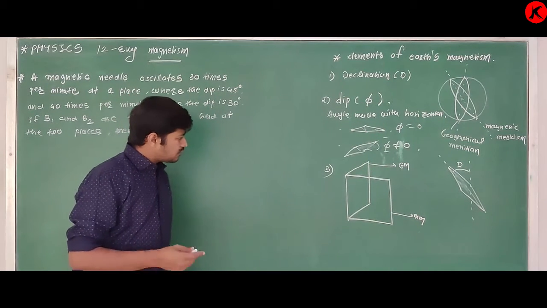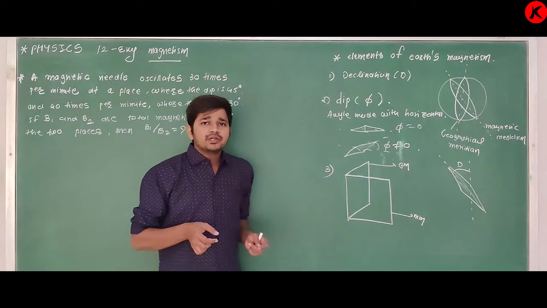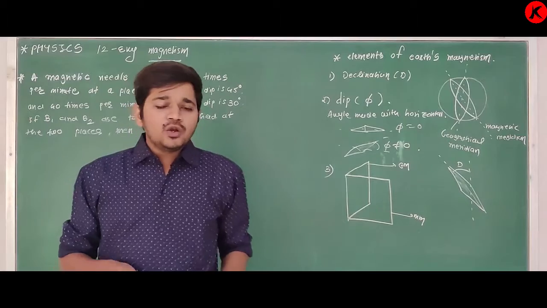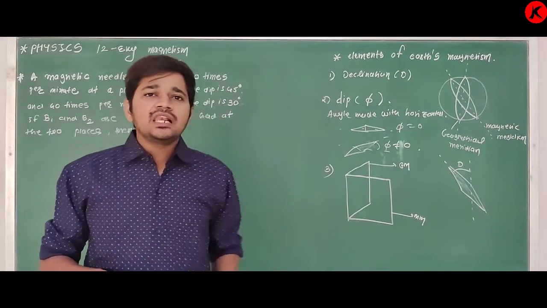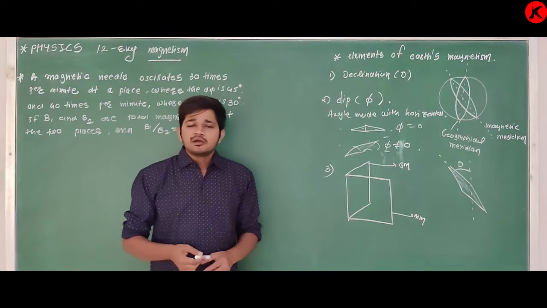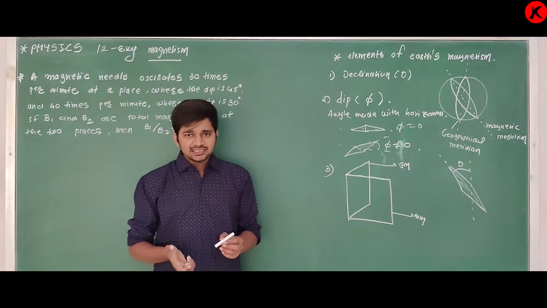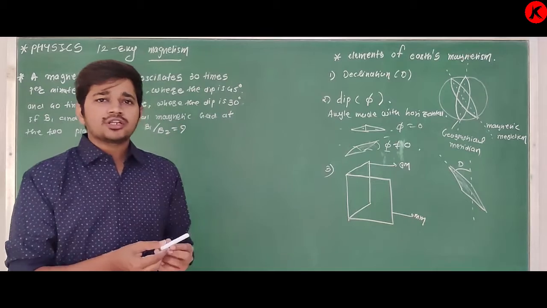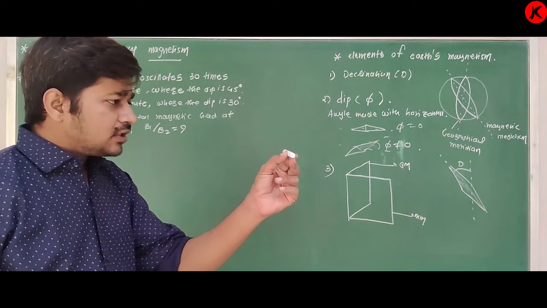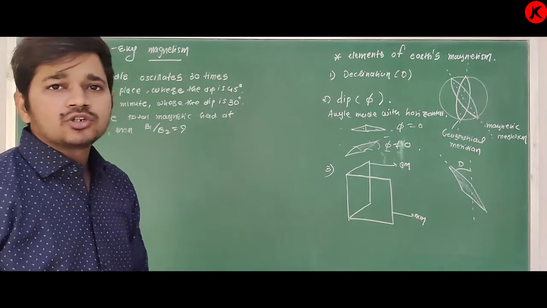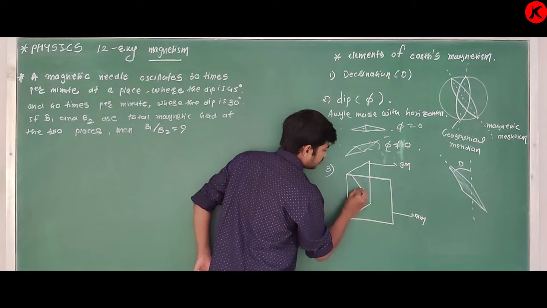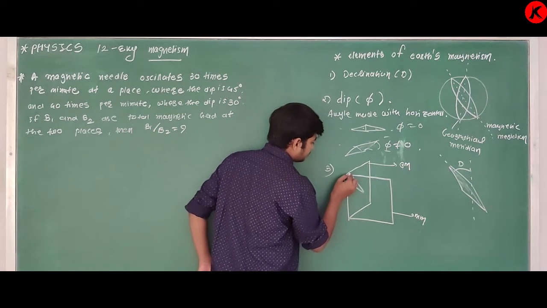Now, whenever we suspend any magnetic needle, that magnetic needle always aligns itself in magnetic meridian. But it is not in horizontal direction always. It depends on location. Sometimes it is tilted with horizontal. So I can draw that needle like this.